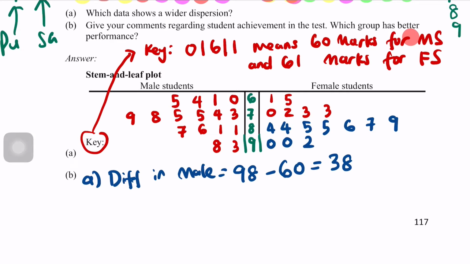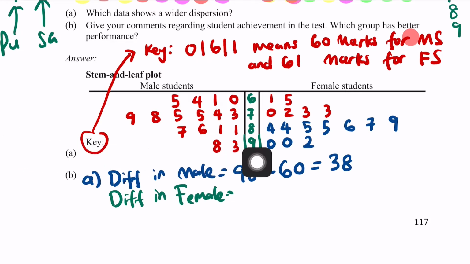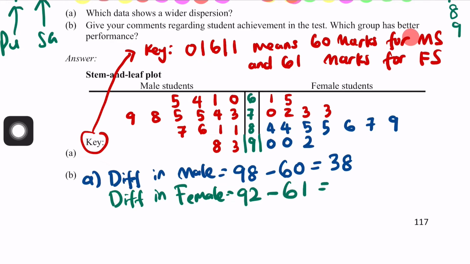And then we need to calculate difference in female. Highest in female is 92 minus lowest is 61. Okay, so press your calculator. 31. So which one is larger? Male we have 38, female we have 31.